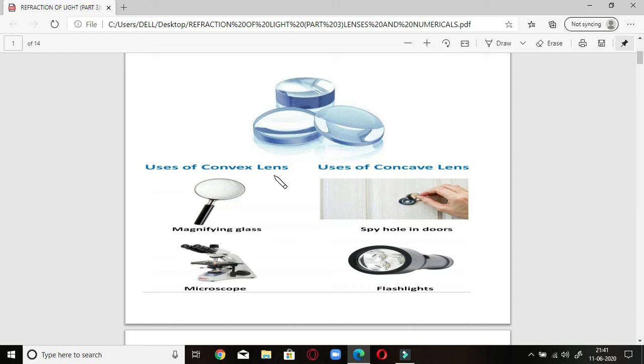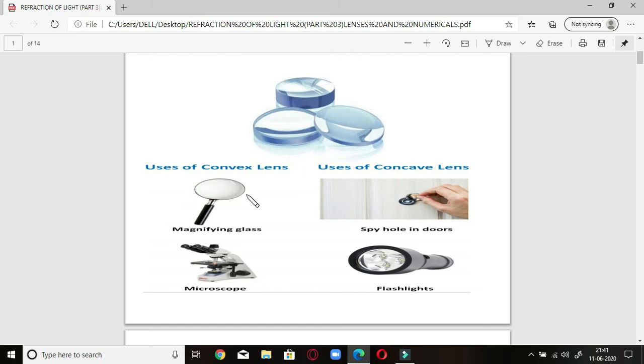Because of this divergence and convergence property, they have various uses. The convex lens, which has converging properties, that is, it meets the rays, is used as a magnifying glass where the rays are concentrated at one place. It also magnifies the object or letters placed just below it.